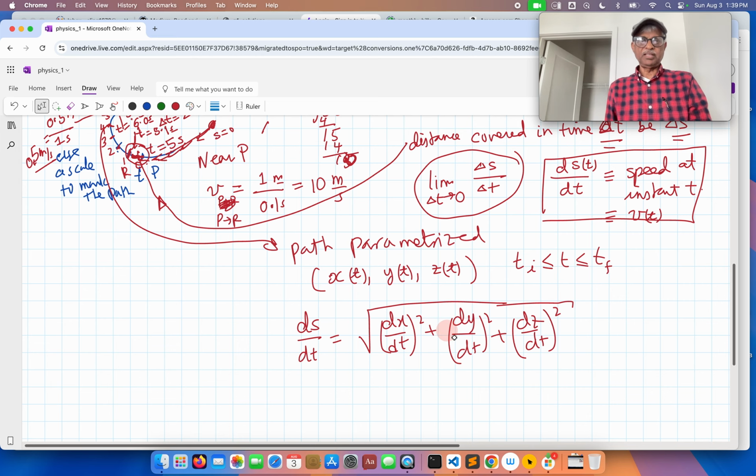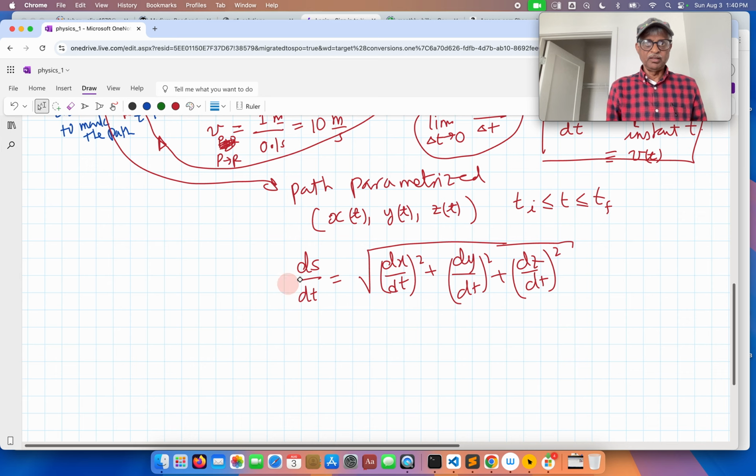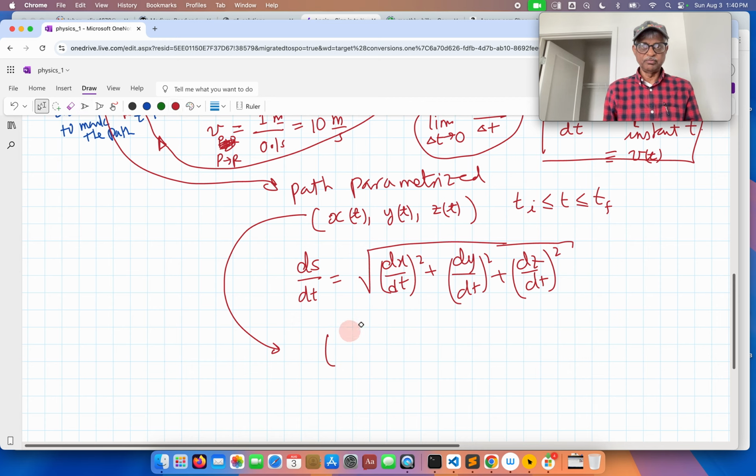And one way to say this will be the case is, if you look at the path, an incremental distance, if you look at t to t plus dt, all you have to have is these guys all change. So this will mean x plus dx, y plus dy, z plus dz.